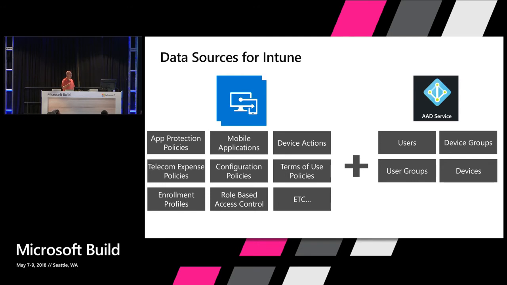So app protection policies, as Aswari talked about, are just the basic information for how you want to protect your applications or the mobile applications themselves. When you're creating a mobile app, you could create a store app, a line of business app, or a web link. All of those types of applications represent data sources that you can access via Graph, or you can automate the creation, edit, delete, and assignment of those applications as well.